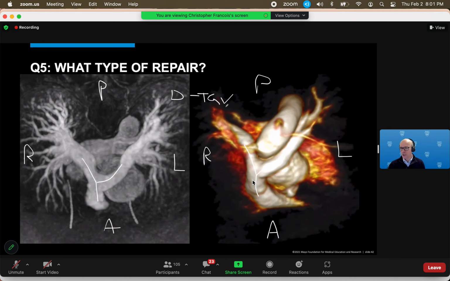And so the question on the test might be, what was this patient's congenital heart defect? Was it tetralogy of Fallot? Was it mitral valve atresia? Was it L transposition or was it D transposition? And the correct answer on that multiple choice question would be D transposition of the great arteries. Okay.